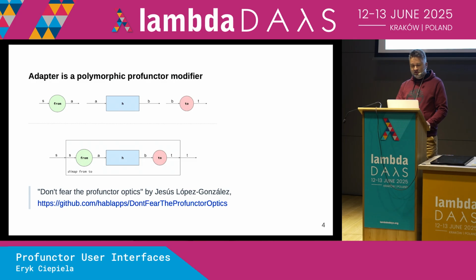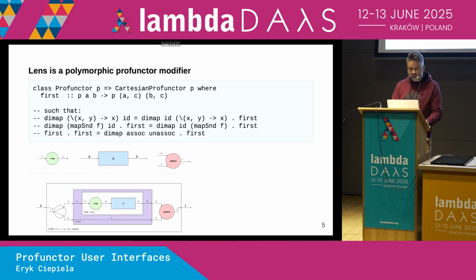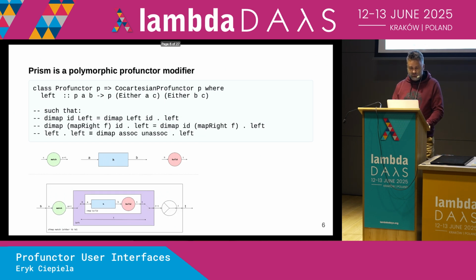In explicit encoding, an adapter is two functions, the first from S to A and the second from B to T, and we can just express them using dimap. For lenses, we have getter and setter functions. As long as the Profunctor has an additional method called first, which enables us to carry some additional context throughout the Profunctor, we can use it to bypass the hole of the lens and apply the setter method at the end of the Profunctor, as depicted in this example.